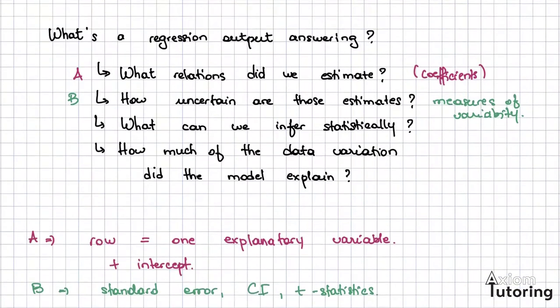The third block, let's call this block C, is what can we infer statistically? Once we get these numbers and also these measures of variability, we can start thinking about making inferences. Using estimates and uncertainty, based on the t-statistics, p-values, or stars, you can make decisions and statements about how surprising the estimate would be if a null hypothesis were true.